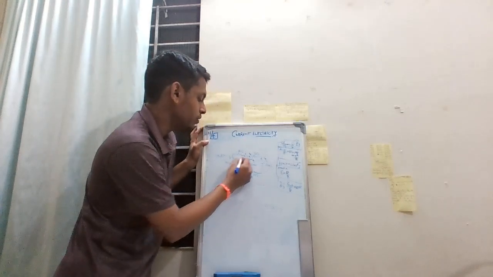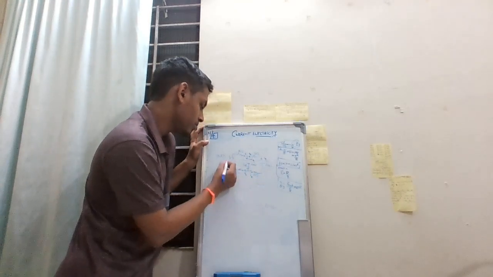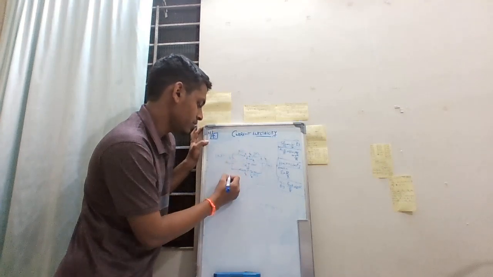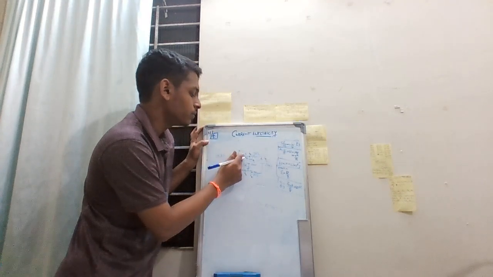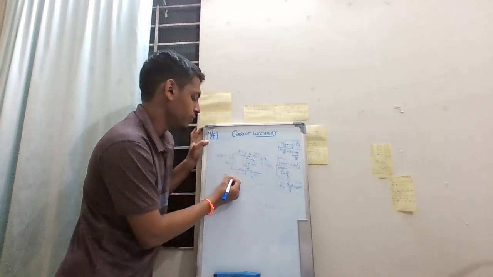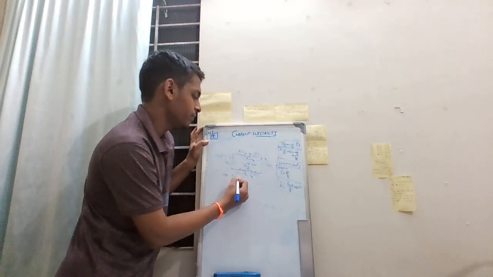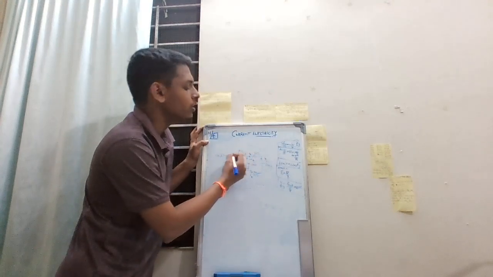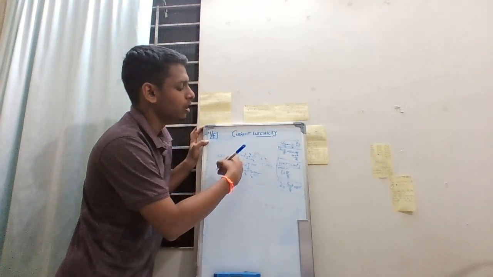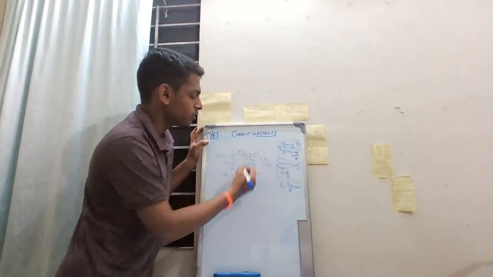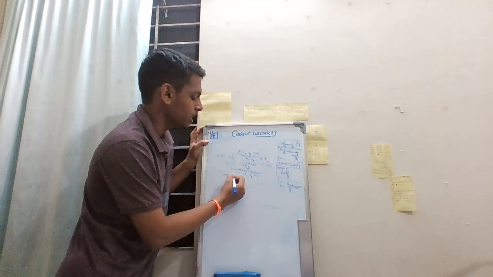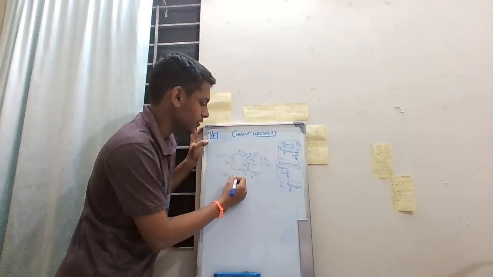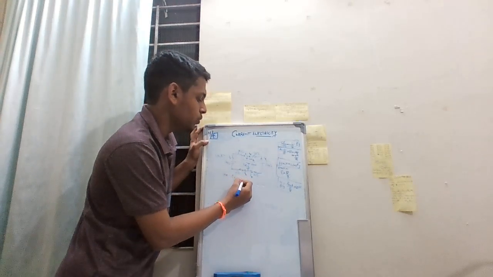First outside, let's start from here, 100, then we are going towards the load. So it would be minus 8I1. Then we are approaching opposite to the direction of the flow of current and opposite to the resistor, so that would be plus 2I2.